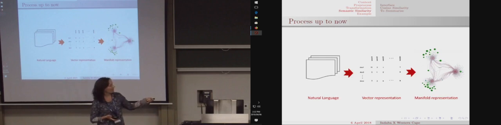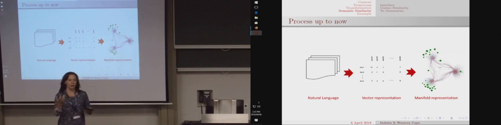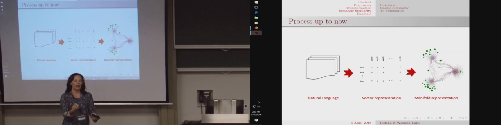And then we have our vector representation, our bag of words. And now we have our manifold representation. So we've managed to find that hidden, latent structure that we can actually work with, that's manageable to work with.